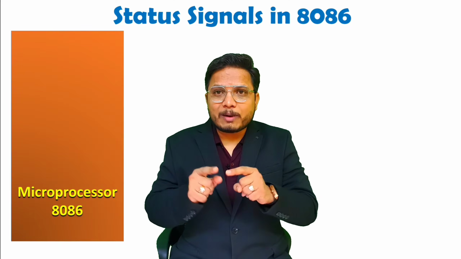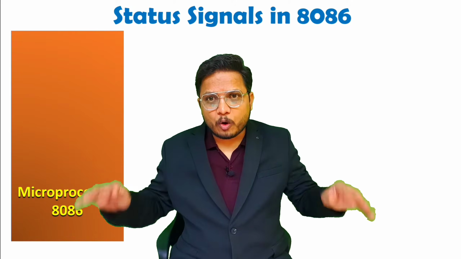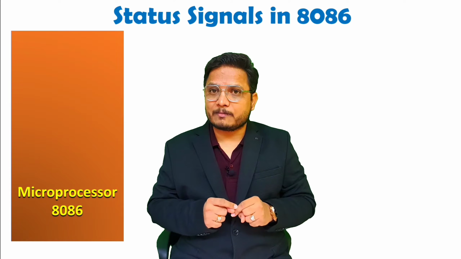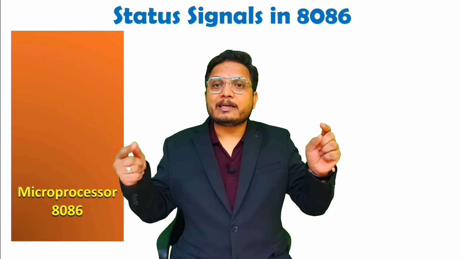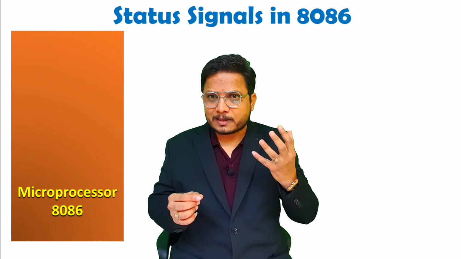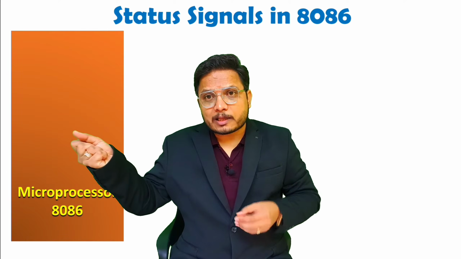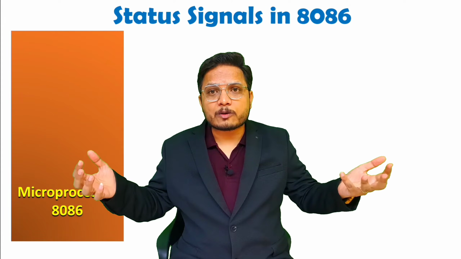Now you should know, my dear students, this main processor 8086 and these two coprocessors are connected with the same system bus. As these three processors are connected with the same system bus, just think about a few cases. One system is generating control signals, the second system is generating control signals, the third system is generating control signals.